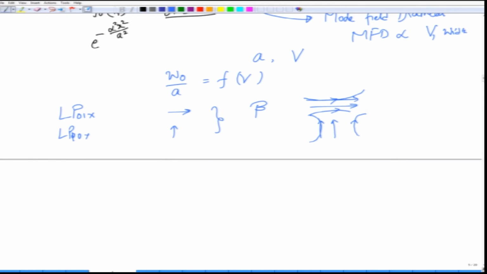Although in a nice fiber these values are the same, in practice these values start to change slightly as you begin to propagate inside the fiber. As you keep traveling along the fiber, these values change slightly, leading to a dispersion or a delay between these two modes. So, one mode arrives slightly ahead of the other, like that.